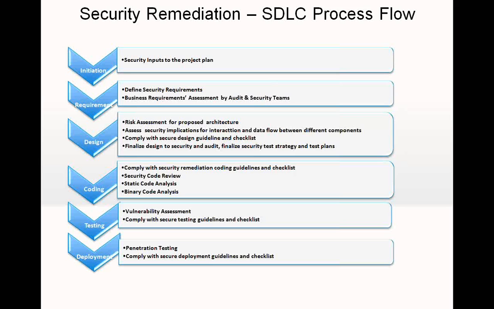So we'll finalize the design with security and audit, and finalize the test strategy as well, including the test plans, etc. The design phase will cover more or less the risk assessment for the proposed architecture, then the implications for the interactions between the different components, including the design guideline and the checklist.